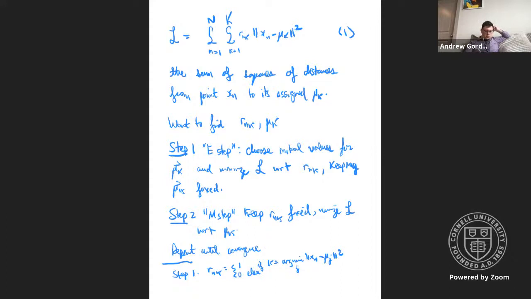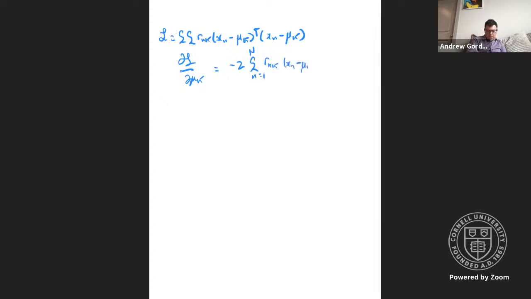And step 2, we fix Rnk, and then we basically just want to do very vanilla optimization of this objective. So we have this sum of Rnk times Euclidean distance, which we can write out as xn minus mu k dot product xn minus mu k. And we can differentiate this with respect to mu k, and we get minus 2 sum n equals 1 to n of Rnk times xn minus mu k equals 0, setting this thing equal to 0.